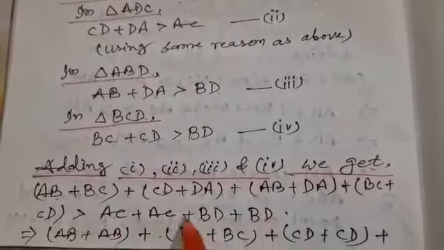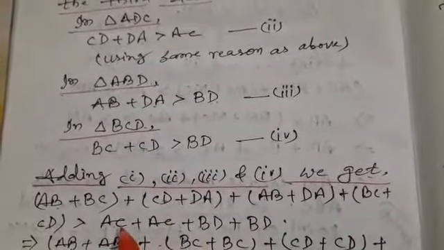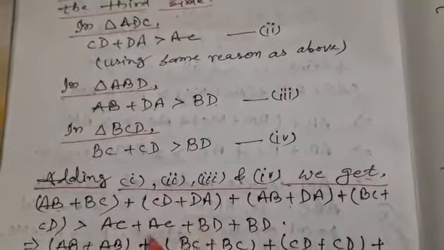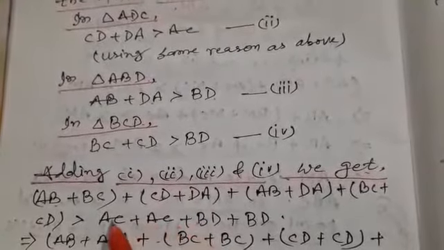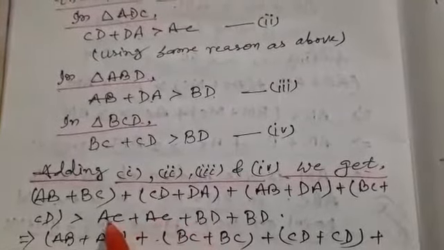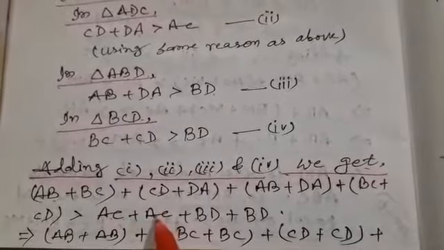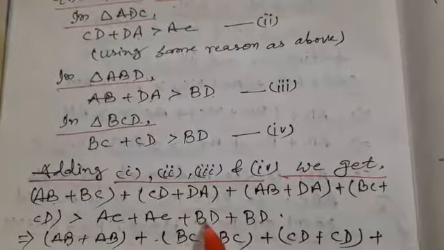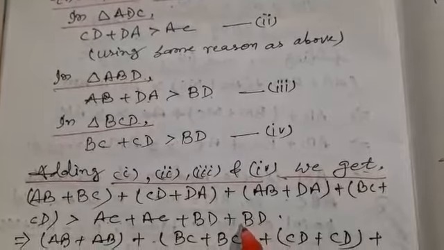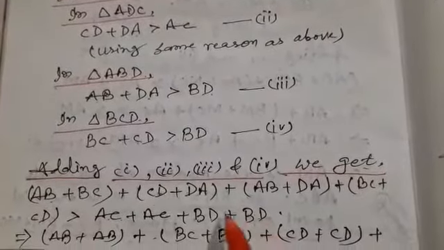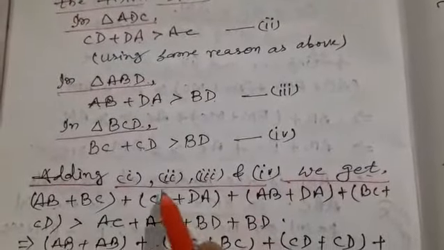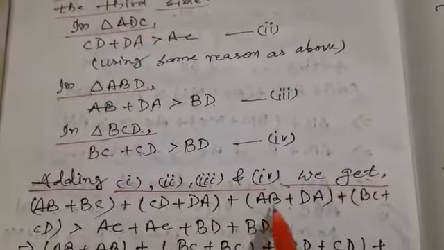These all four sides come from equations first, second, third and fourth. RHS of first equation is AC. Again in second equation AC, third equation has BD, and fourth equation has also BD.